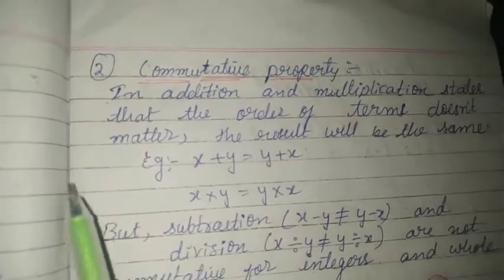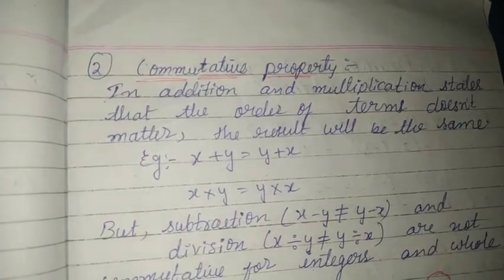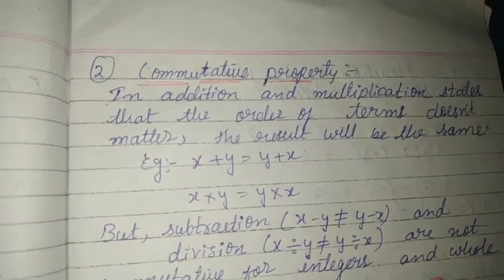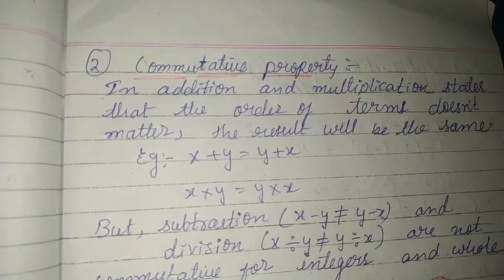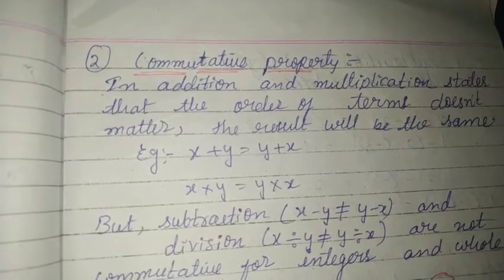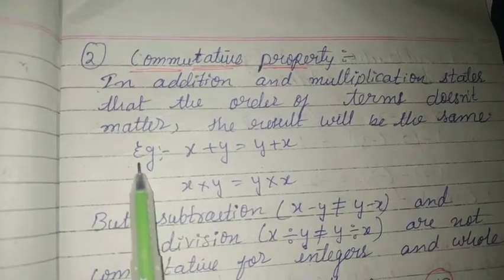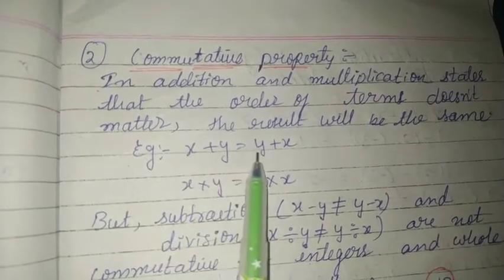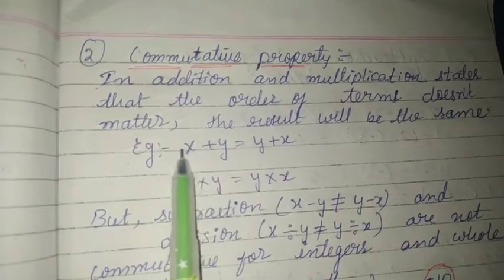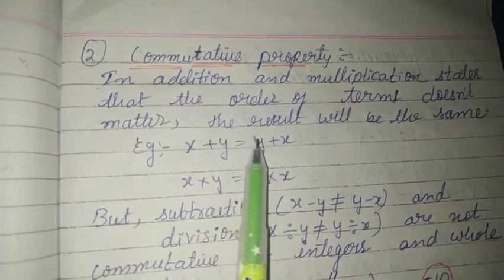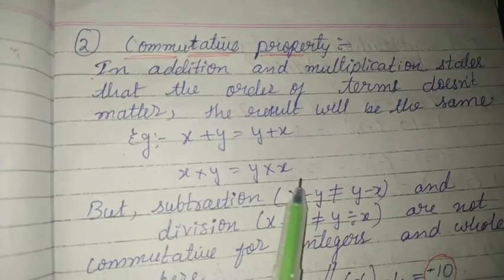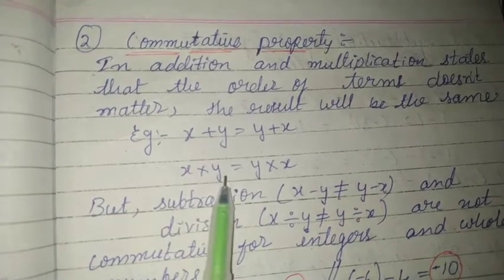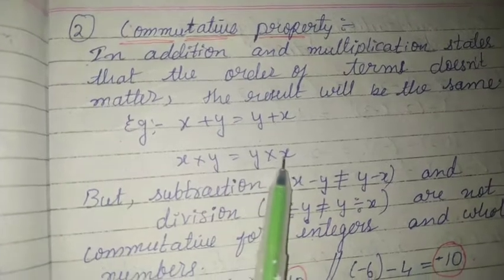Second is commutative property. In addition and multiplication, it states that the order of terms does not matter; the result will be the same. See the example: x plus y is equal to y plus x. When we are adding x plus y and y plus x, we get the same answer. x into y is equal to y into x.